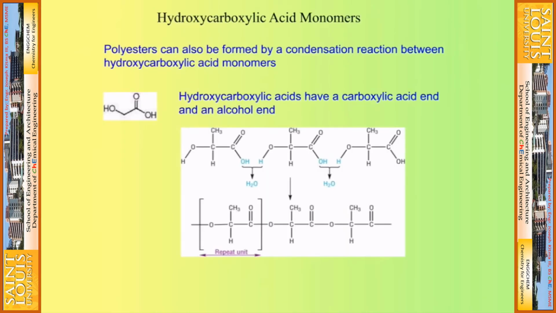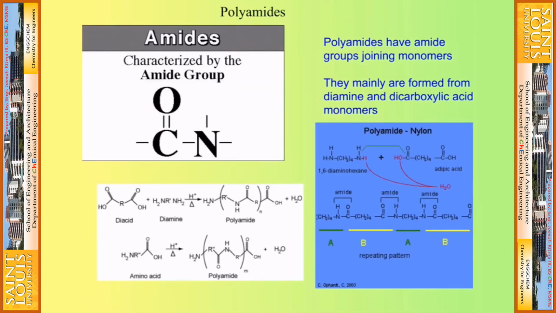Polyesters can also be formed by a condensation reaction between hydroxycarboxylic acid monomers. Hydroxycarboxylic acids have a carboxylic acid end and an alcohol end. Polyamides have amide groups joining monomers.